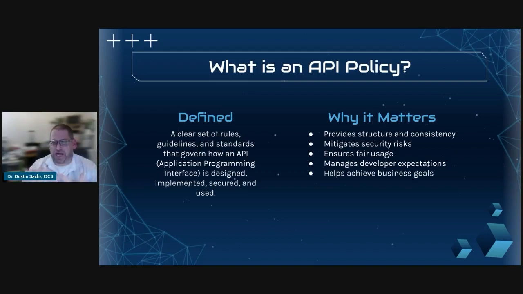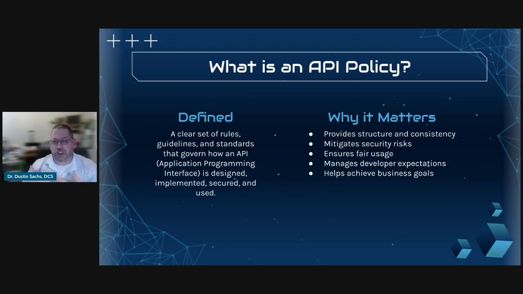Having a policy, having a set of guidelines helps the developers drive that level of consistency so that the APIs developed by your organization are developed, utilized, or implemented in a consistent fashion. All of this helps to mitigate security risk, because at the end of the day, we're all about mitigating the risks to our organizations.